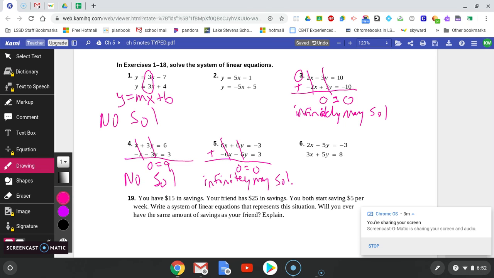Okay, it is still possible for you to get one solution on each of these. So that's actually what happens on number 2. So if I go back up to number 2, if I add my columns, y plus y is 2y. My x's cancel out, and I have 2y is equal to 4. When I divide by 2, I get y is equal to 2. I can substitute back into one of my equations.